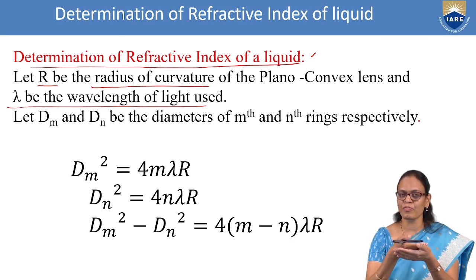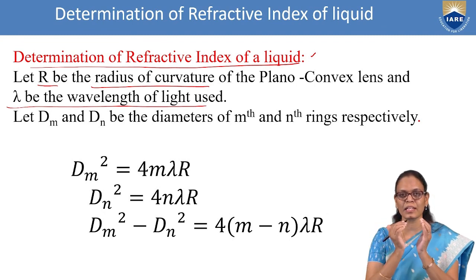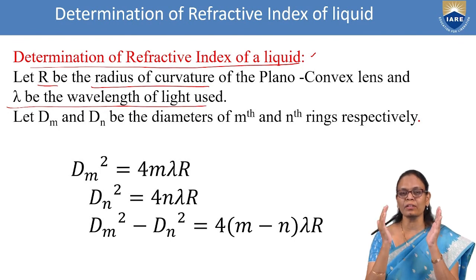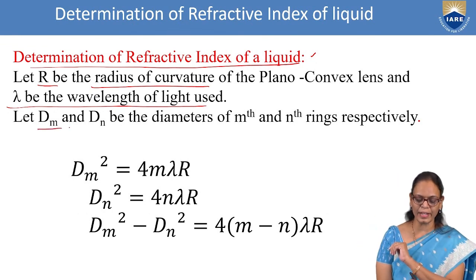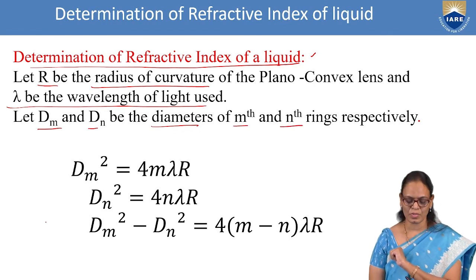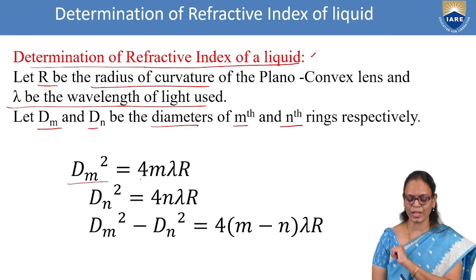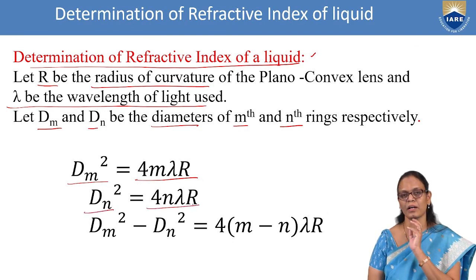And because of the air film, when we see the reflected light with the help of a microscope, we are seeing the rings, Newton's rings that are formed. And we are trying to calculate the diameter of the rings of the mth ring and the nth ring. Let dm and dn be the diameters of the mth and the nth rings. So we can write from the formula dm square is 4m lambda r and dn square is equal to 4n lambda r.